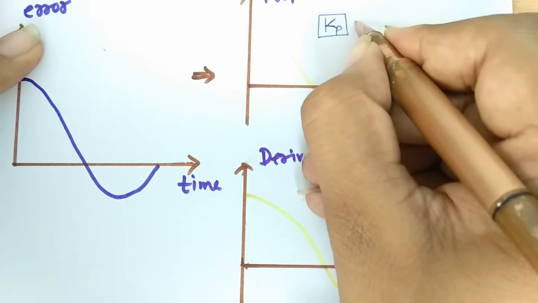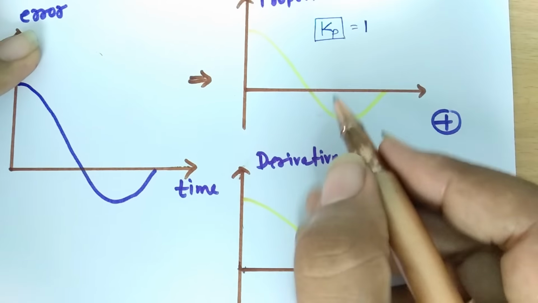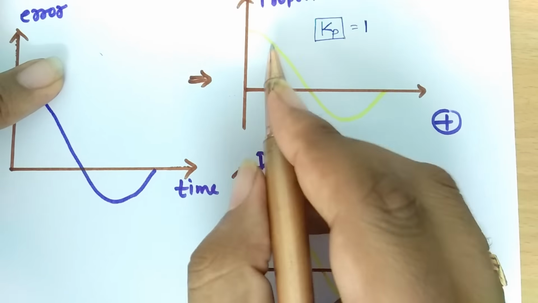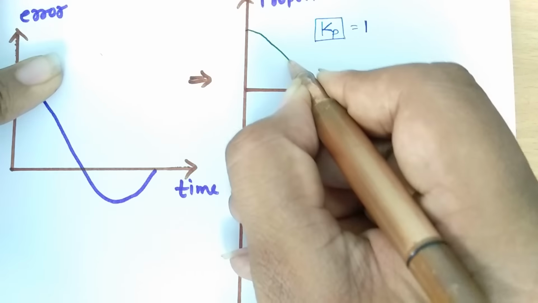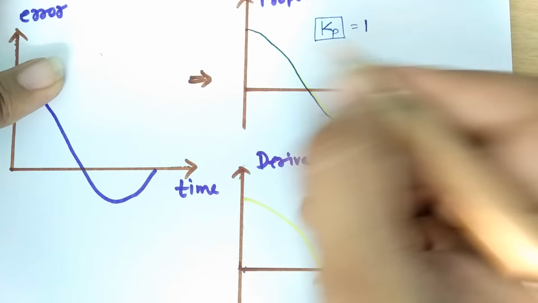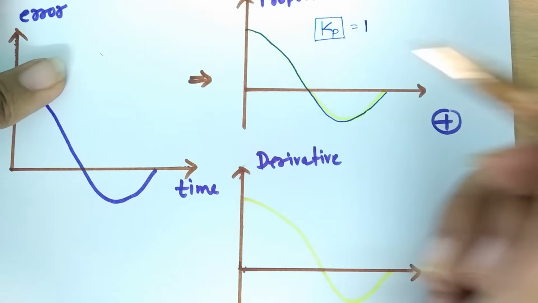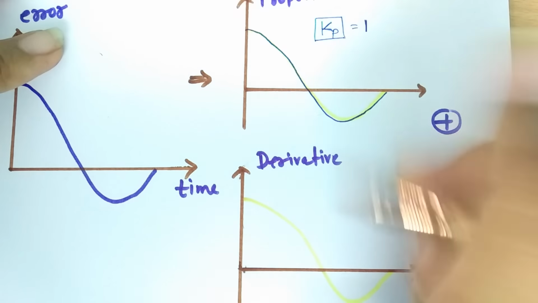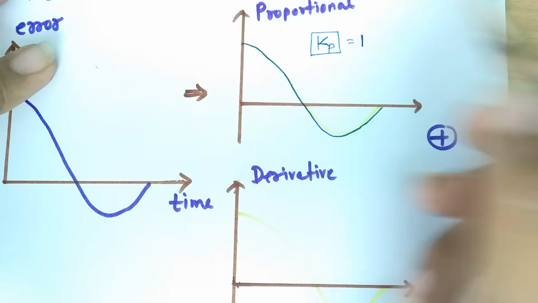If I say Kp is equal to 1, then the output of the proportional controller will be similar to the input, the error signal, as you can see by this line. If Kp is more than 1, then the gain will be more, but the shape of the signal will not change. The shape of the signal depends on the other controller; it does not change by the proportional controller.